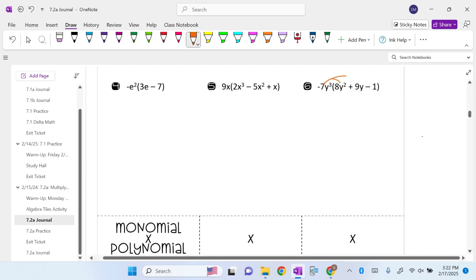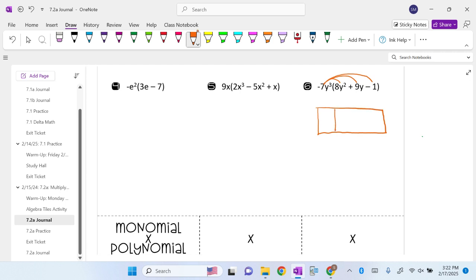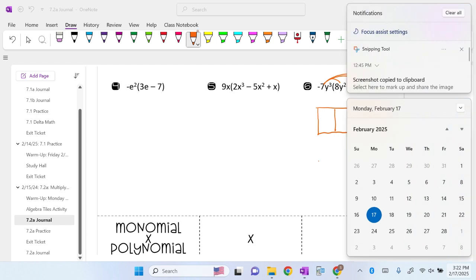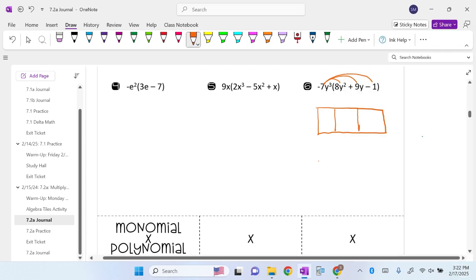So you can do your distributive method, or if you like the visual, you can make a box. And again, since you're doing 1 term by 3 terms, you want a 1 by 3 box. So that's how you figure out how big you need to make your box.